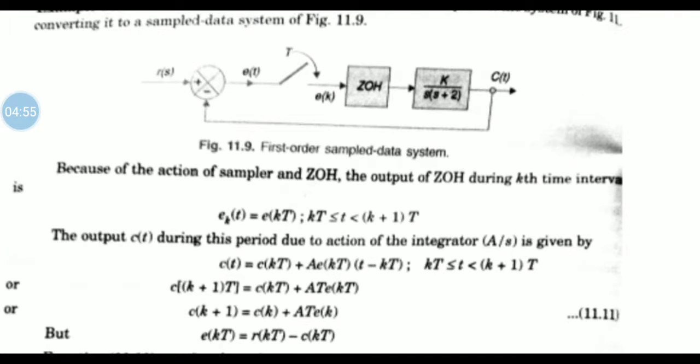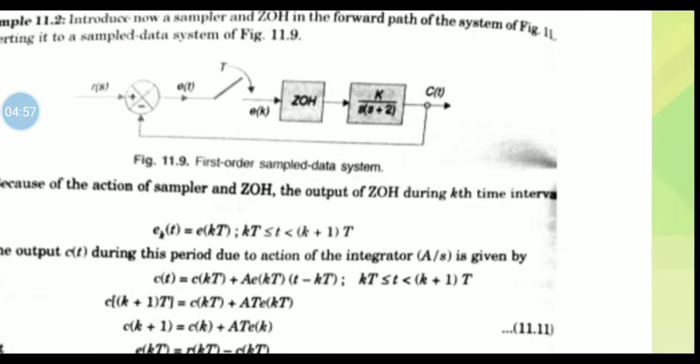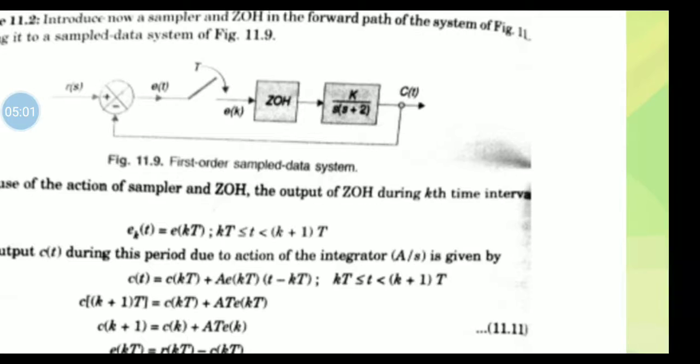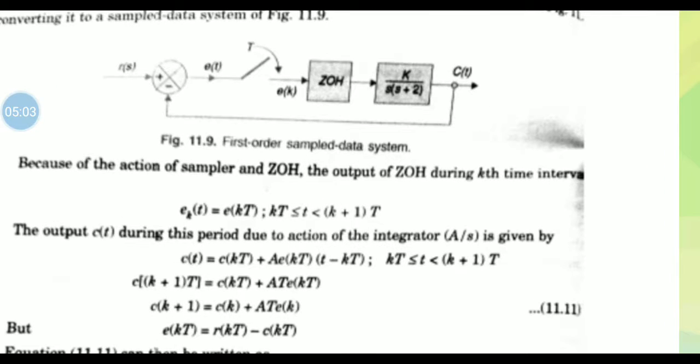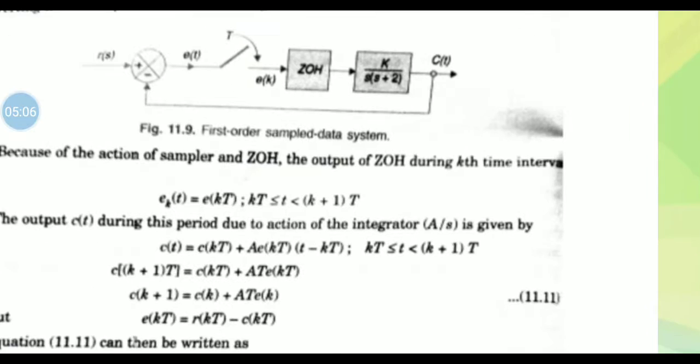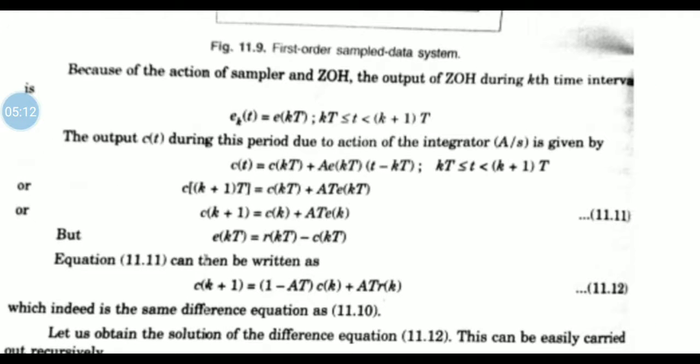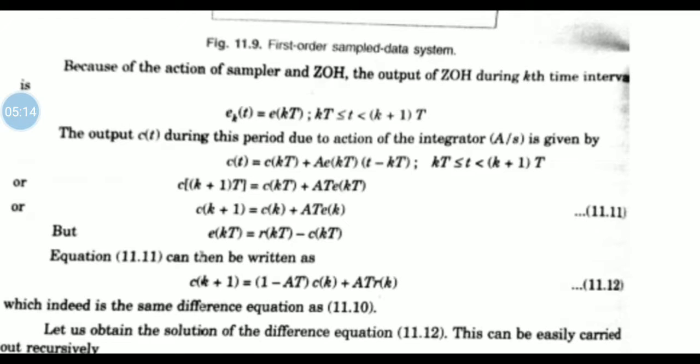Because of the action of the sampler and ZOH, the output of the ZOH during the k-th time interval is given by e of t is equal to e of kT, where t is greater than or equal to kT and less than (k plus 1)T.